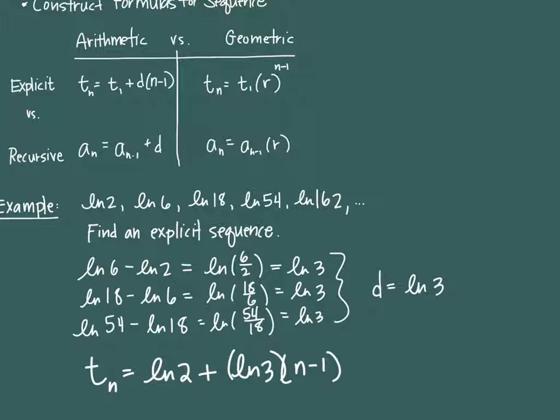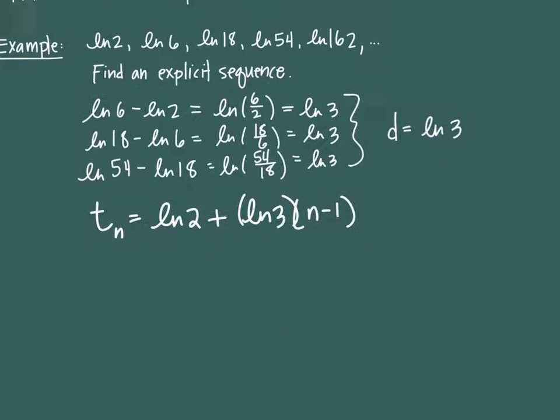That is your explicit formula for this arithmetic sequence. And that will get you any term in the list. It will work all the way down. Okay, here's another one.